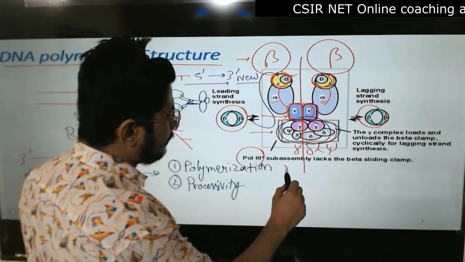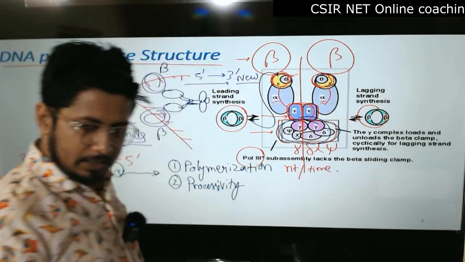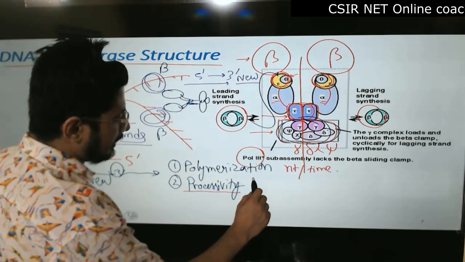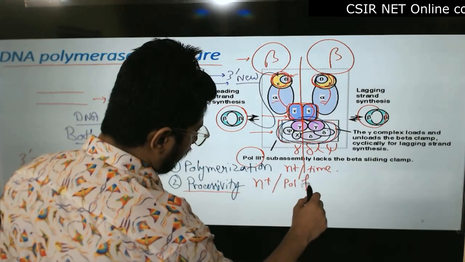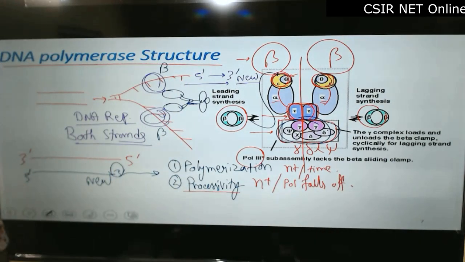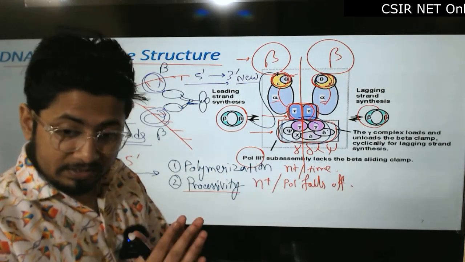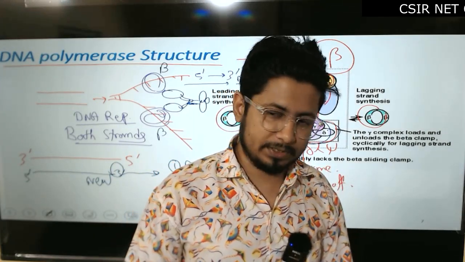Polymerization means number of nucleotides per unit time. That is polymerization rate. What is processivity? Number of nucleotides added before the pol falls off. Number of nucleotides a polymerase can attach in one go, in one stretch. That is known as the processivity of that DNA polymerase.